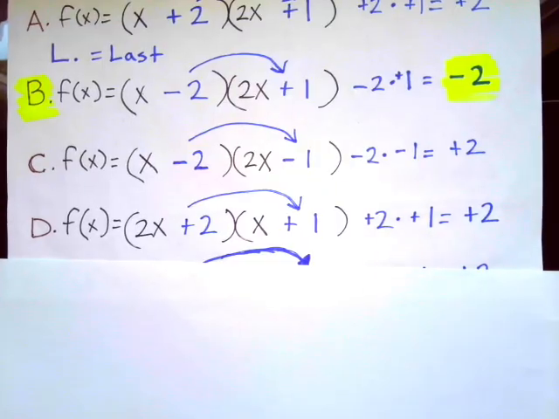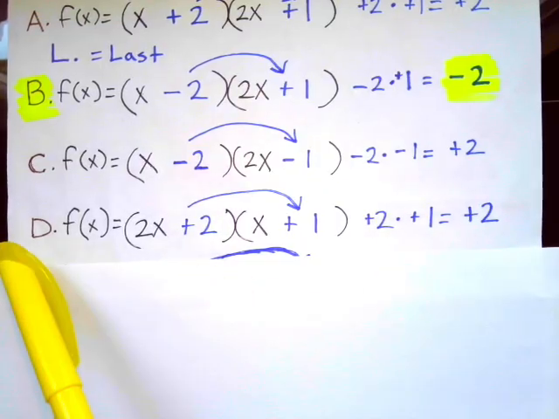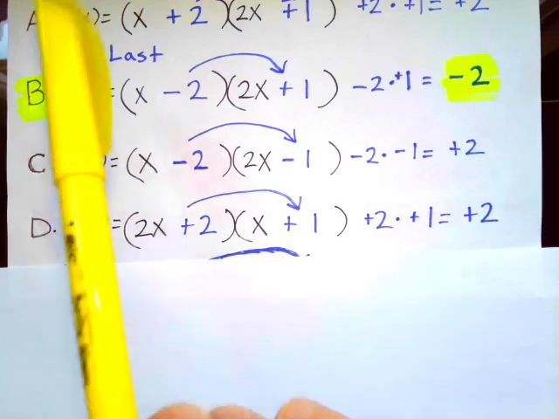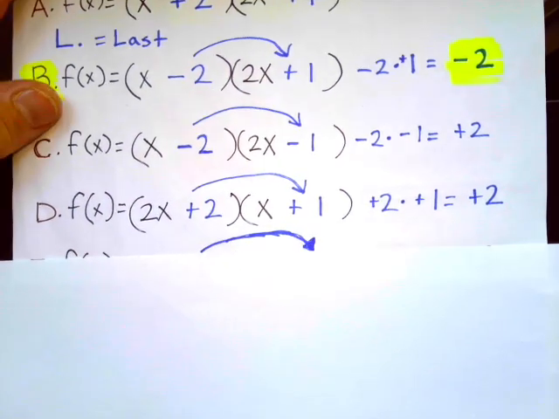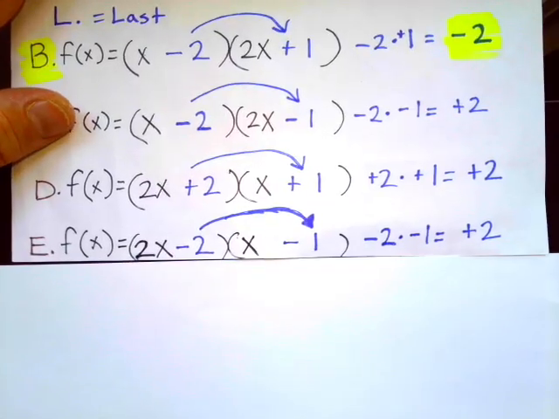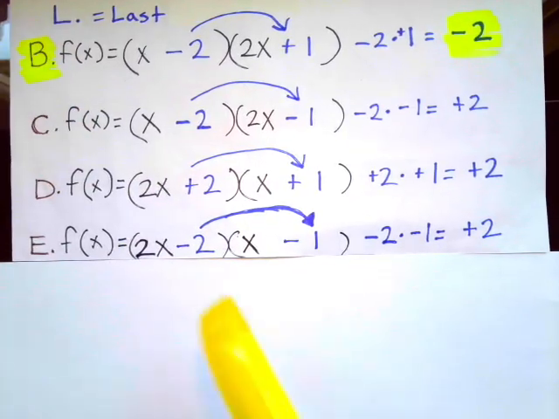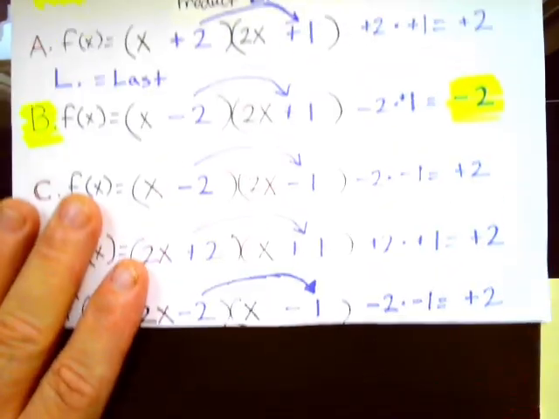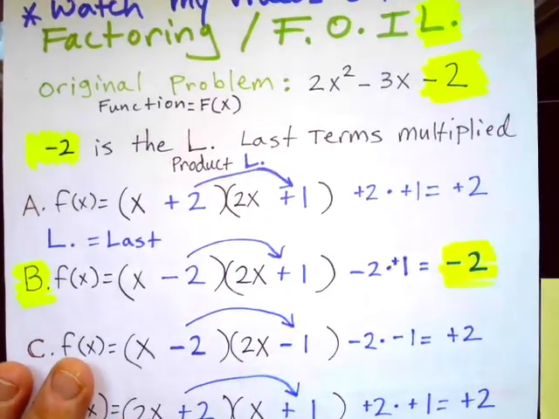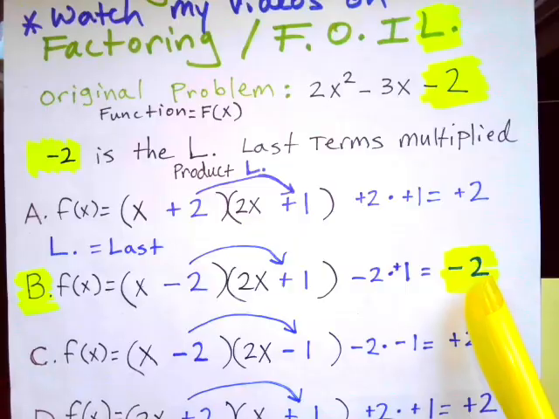I'm looking for that negative 2 answer, so eliminate D, eliminate C, eliminate A. It cannot be any of those answers. Let's check out E. We have a negative 2 times a negative 1, which is a positive 2. None of these, A, C, D, or E, is a possibility. You have your answer, B.